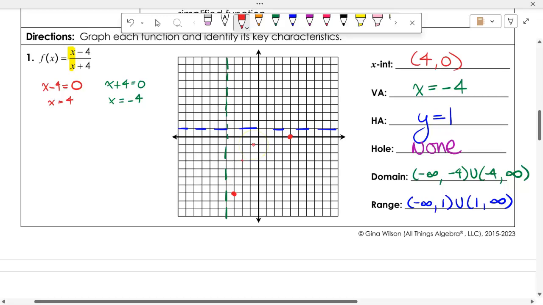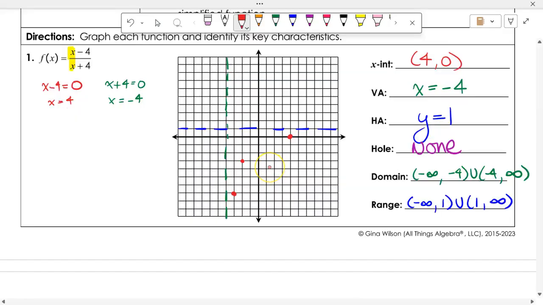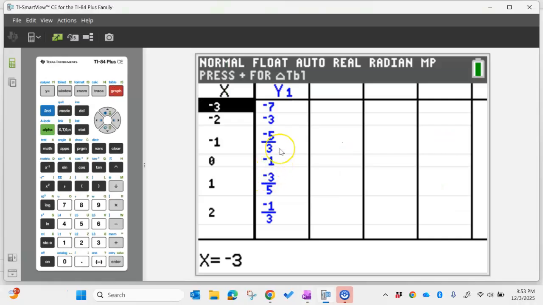So -2, -3. I can kind of see this going on right here. -1, -5/3, 0, -1. Hey, I'm going to do that. 0, -1. So you see, I'm just trying to get myself some good points to get me a good shape. That's all.